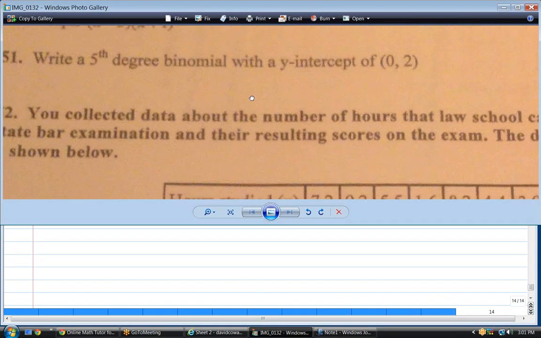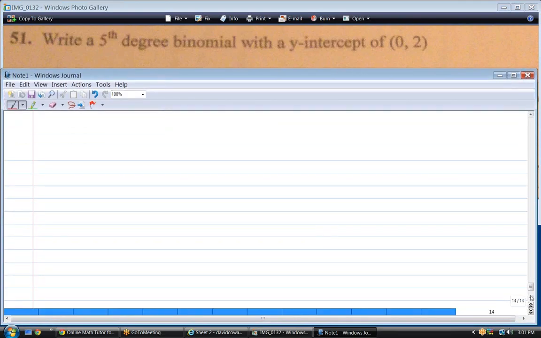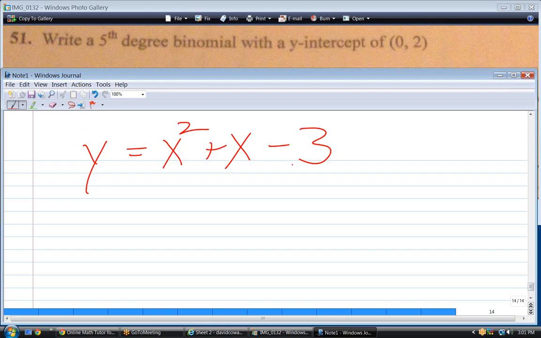All right. This is a bit of a trick question. Let me start with an easy one. What's the y-intercept?